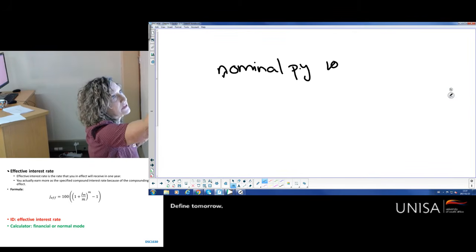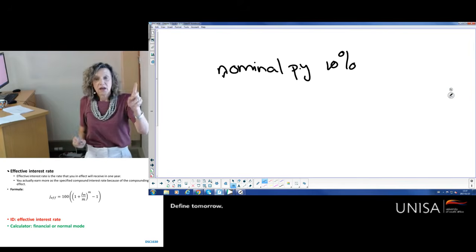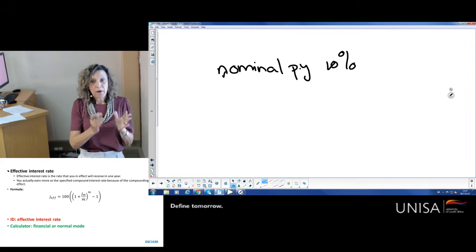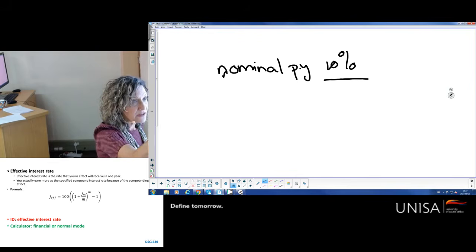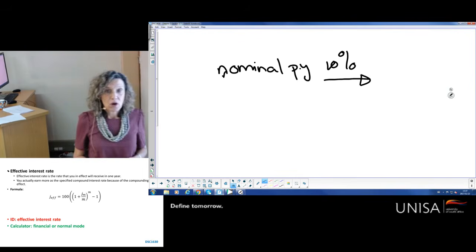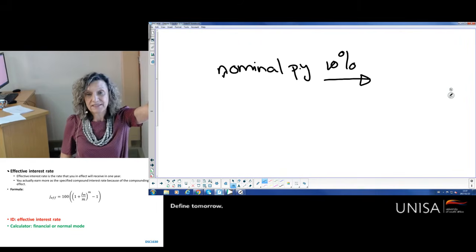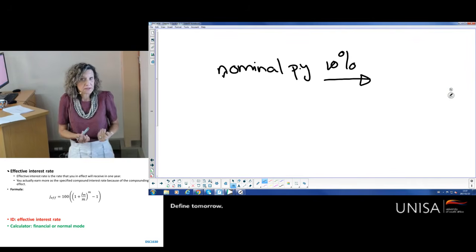Now, if we say our nominal value, meaning our interest rate per year, is 10%. Now remember we said that 10% is first divided into smaller parts, but you get interest on interest. Now what do you think at the end of the day, after a year? Would you have earned only 10%, or would you have earned more or less?